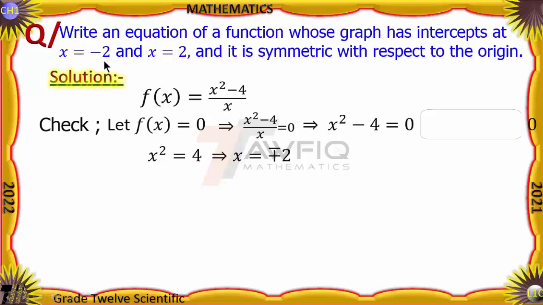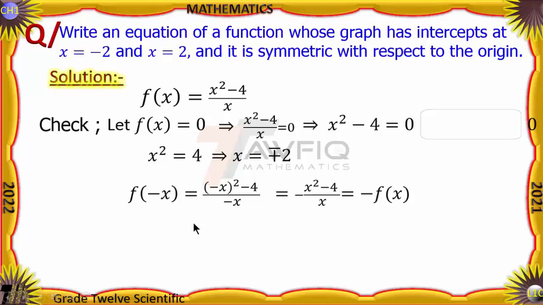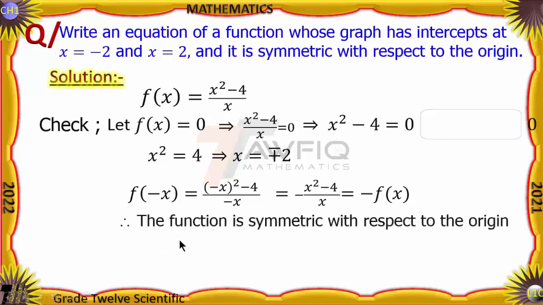We checked that the intercepts are minus 2 and 2. Because we have an even function in the numerator and an odd function in the denominator, the function is an odd function. The function is symmetric with respect to the origin.